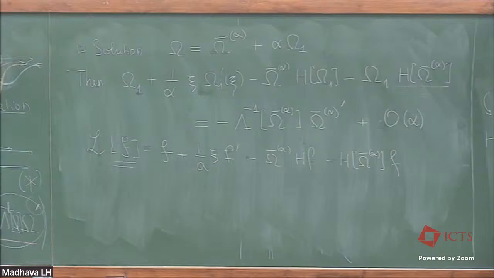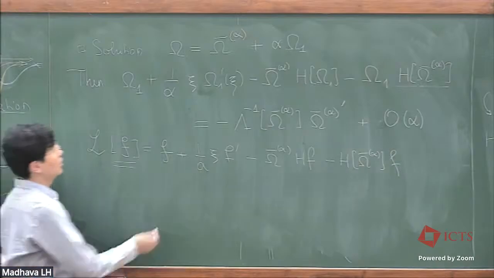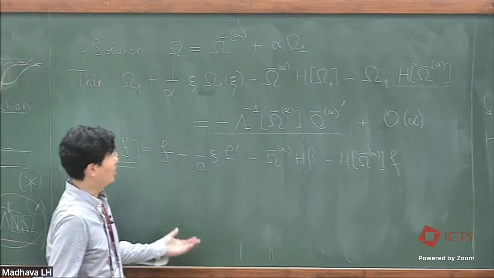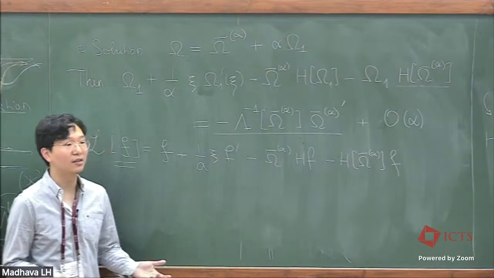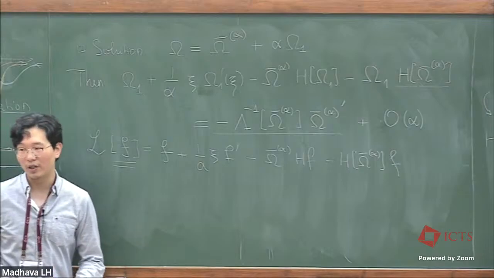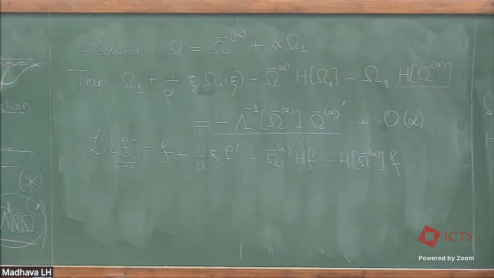That gives a consistency condition on the right-hand side. But the right-hand side is given. We have nothing to do. So can we solve it? The answer is no. We cannot solve it.